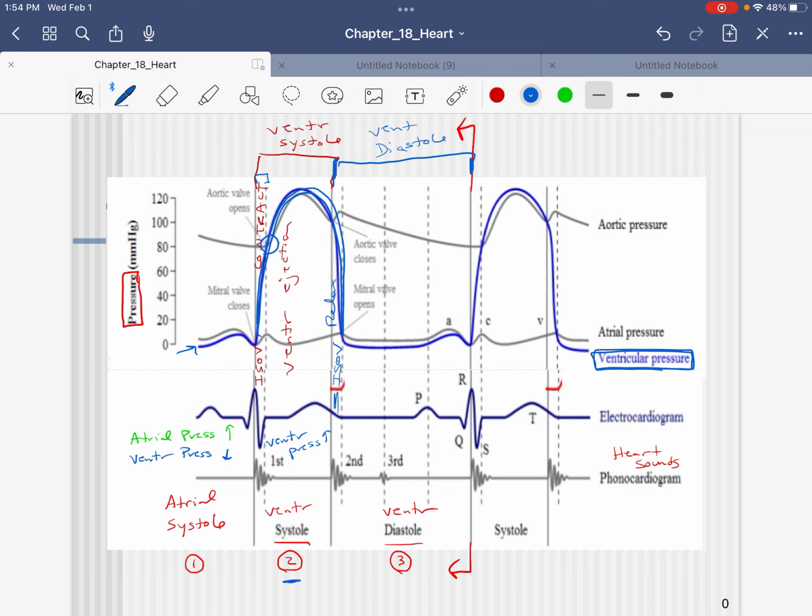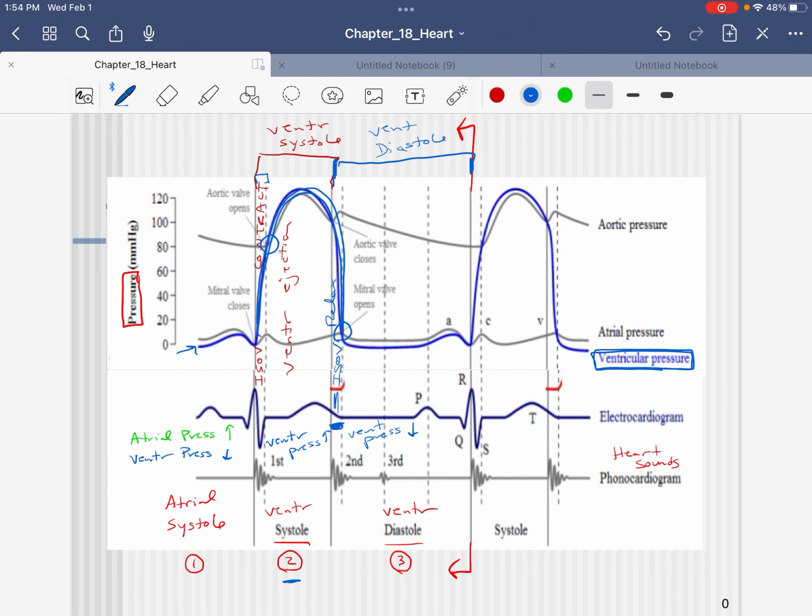So there's a period where we increase the volume of the ventricles, which lowers the pressure. So now our ventricular pressure goes down. At first, there's no movement of blood, but then there's so much of an increase in volume and a drop in pressure that the pressure in the ventricles drops below the pressure in the atria. And look, now the AV valves open to lead to early filling.